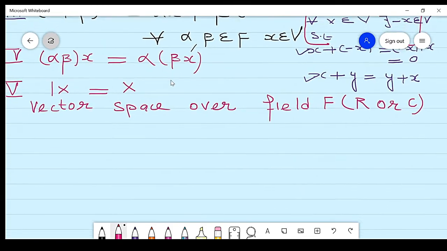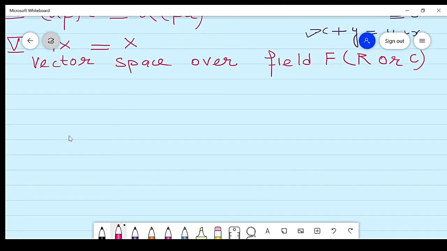Now, if the field is real, that is, if F is equal to R, then this vector space is called a real vector space or real valued vector space. So it is called a real linear space or real vector space.